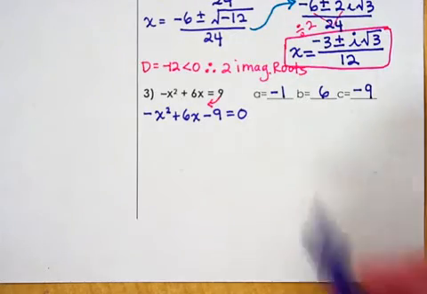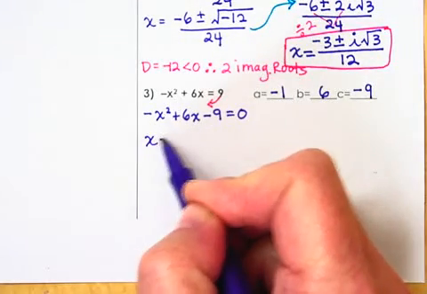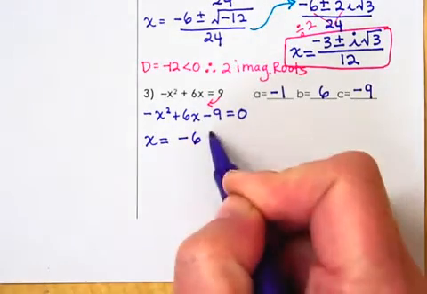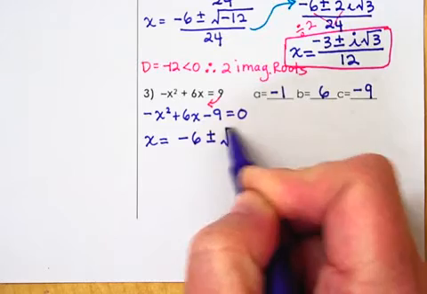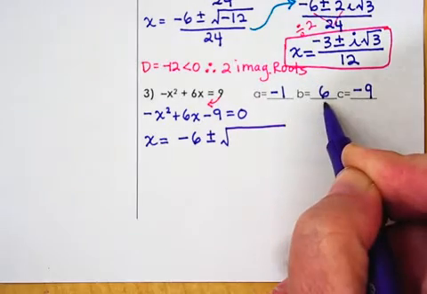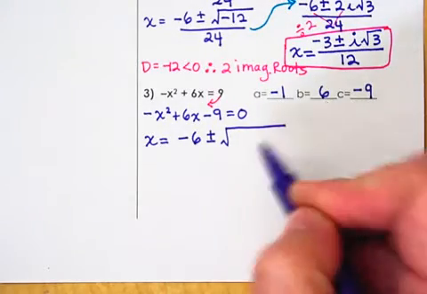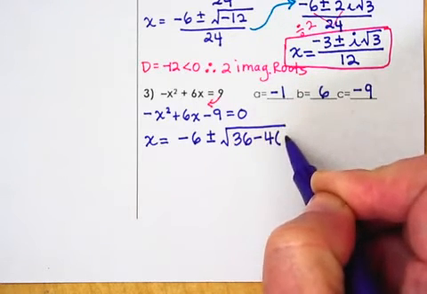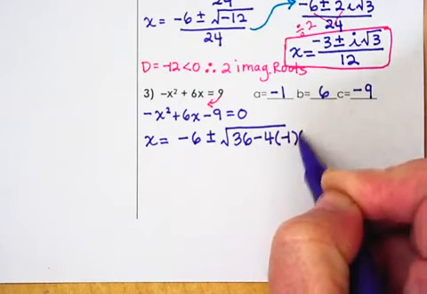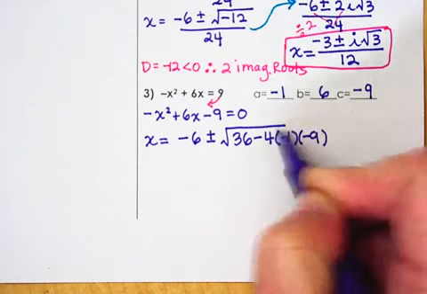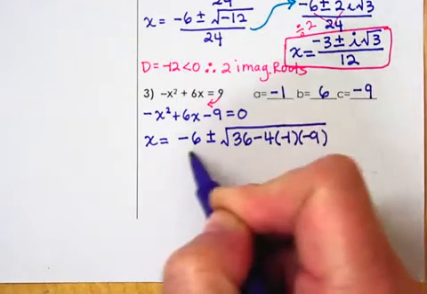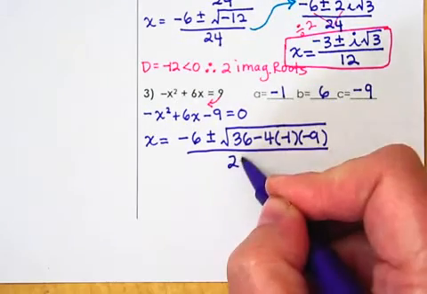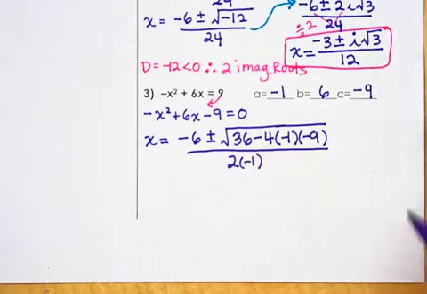So we're going to set up our formula. x equals negative b, so negative 6, plus or minus the square root of b squared, so 6 squared is 36, minus 4 times negative 1 times negative 9, all over 2a, 2 times negative 1.